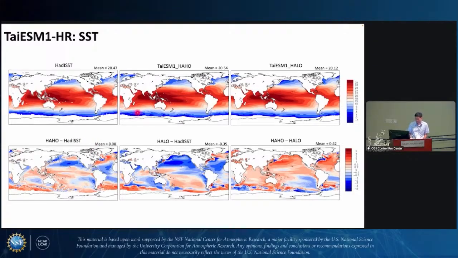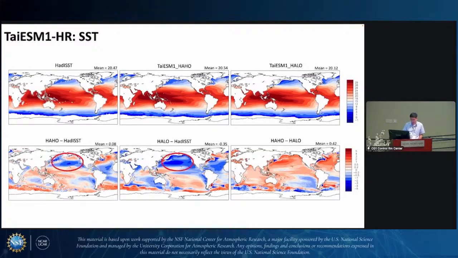Maybe you can see that for HALO minus Hadley SST, the temperature is a little bit lower than observation, particularly over the North Pacific, and also colder in the North Atlantic, but in the Southern Pacific, it's basically warming. And for the fully high resolution run, the deviation is significantly smaller, as we can see, with remarkable warming in the Northern Hemisphere. And this will affect the phenomena that we will show later.